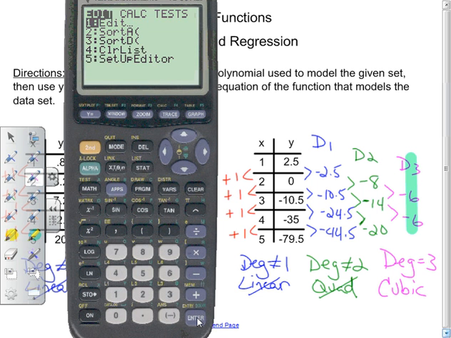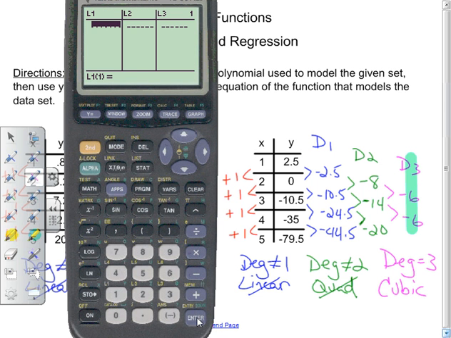So I'll now go to my graphing calculator, hit stat, edit, enter my x values of 1, 2, 3, 4, and 5. Okay, and then I'll a little more carefully enter 2.5, 0, negative 10.5, negative 35, and negative 79.5, and read them over to make sure I have them right.